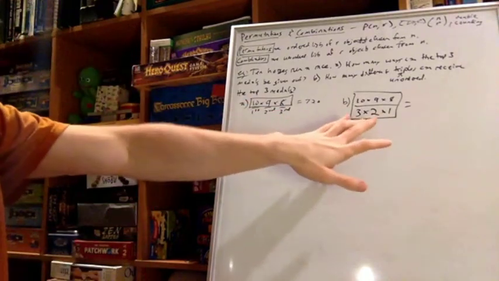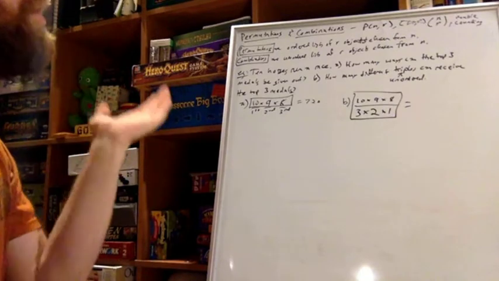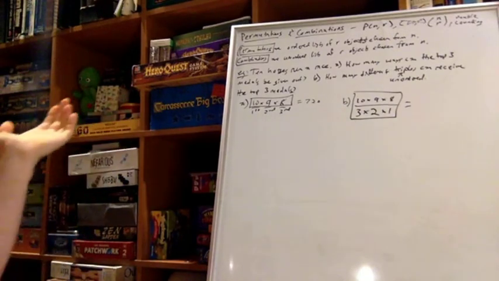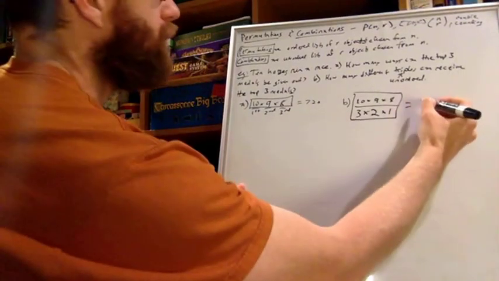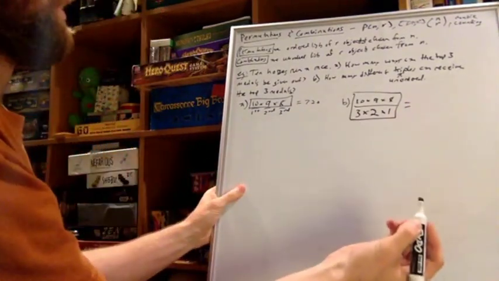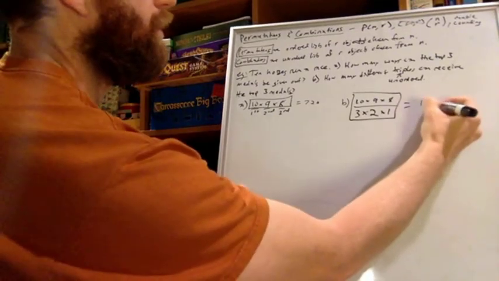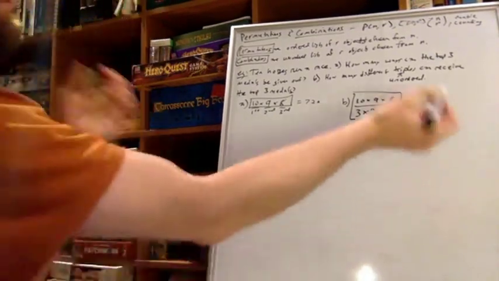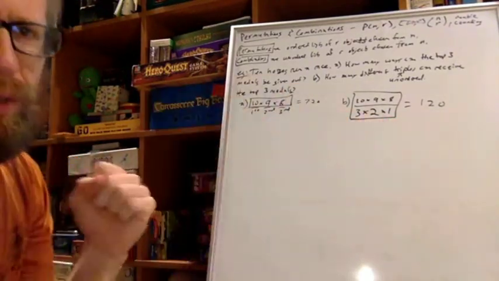But I really prefer something like this as opposed to doing whatever 720 divided by 6 would be, which should be 120, right? So, that's a fine answer. There's nothing wrong with it. It's just this really shows me where the numbers are coming from.